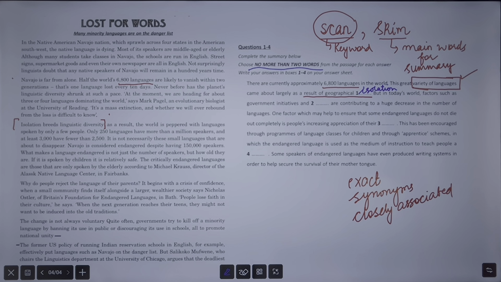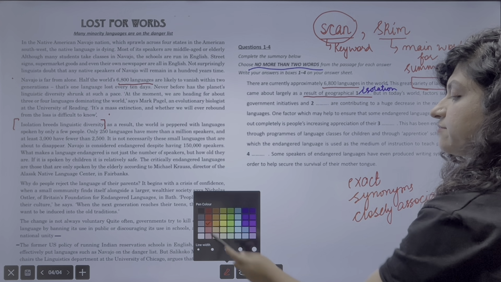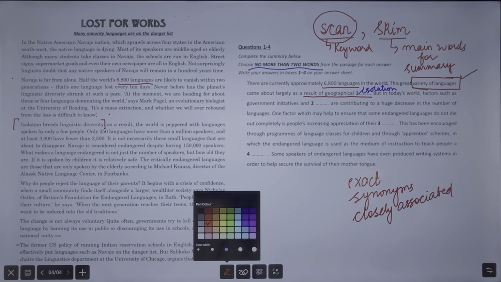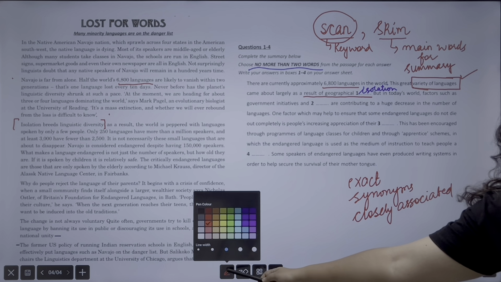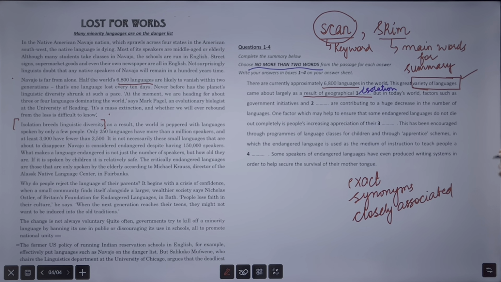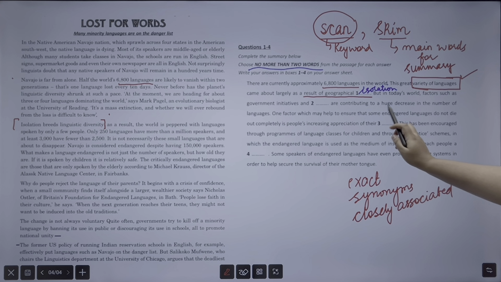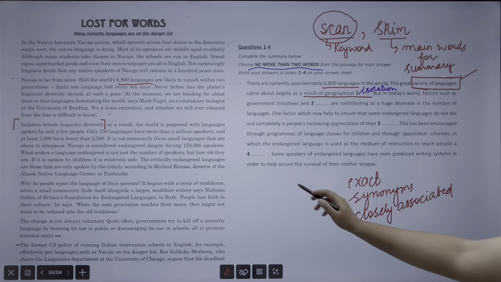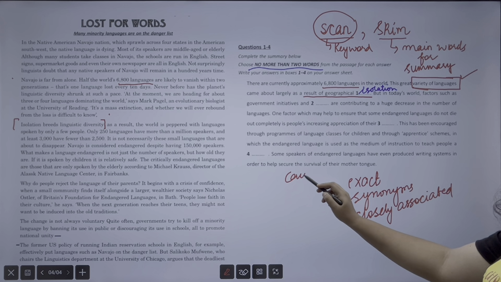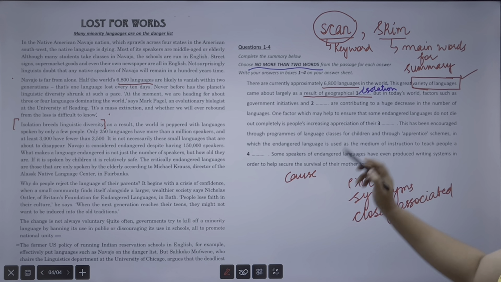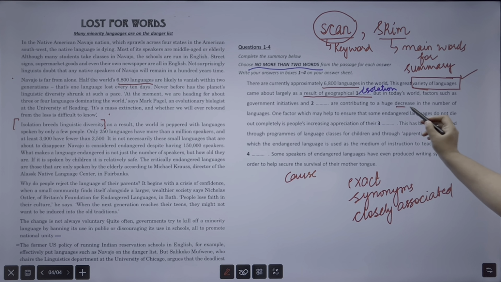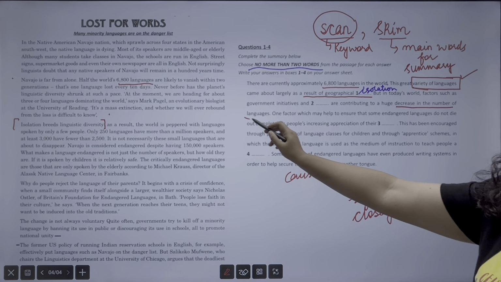Now let's keep on finding the answers for others as well. So now this says, but in today's world, factors such as government initiatives and dash are contributing to a huge decrease in the number of languages. So for this question, we are actually looking for a cause of decrease in the number of languages.